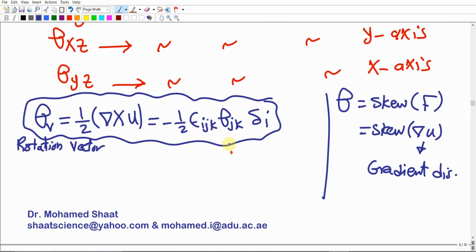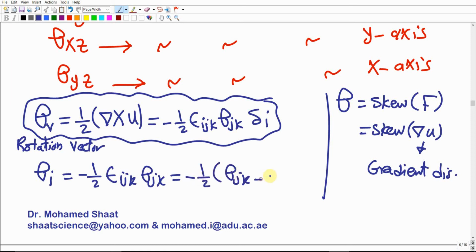So as you can see, we're going to end up with a vector from the tensor. For example, if we decided to work over these components, we're going to say generally, theta i, which are the components of the rotation vector, equals the negative of 1/2 epsilon ijk theta jk, which can be written as the negative of 1/2 theta jk minus theta kj.